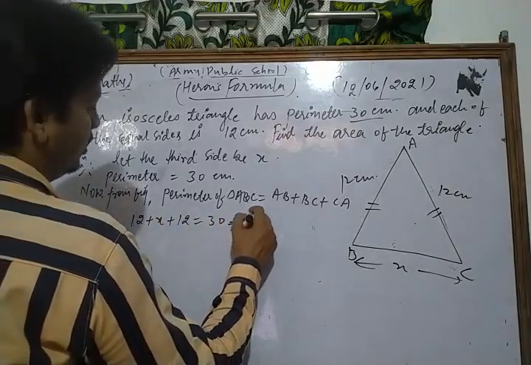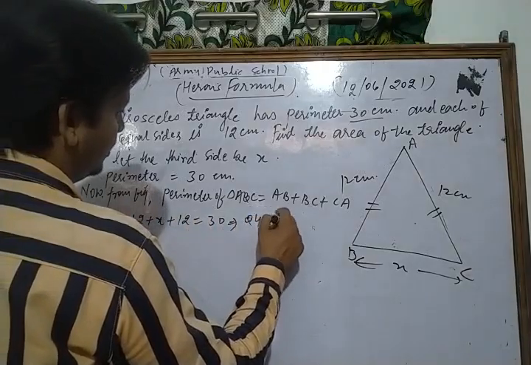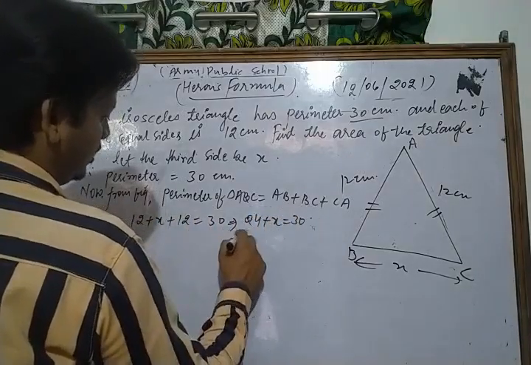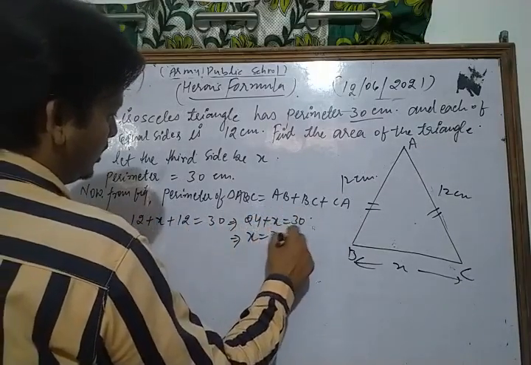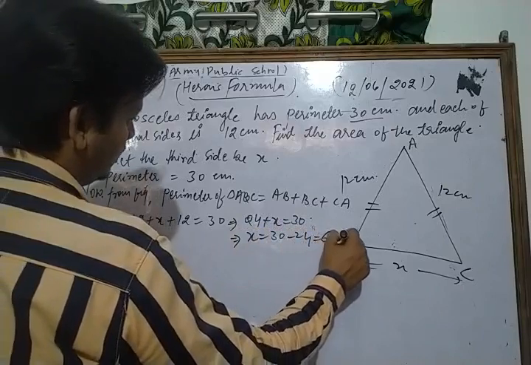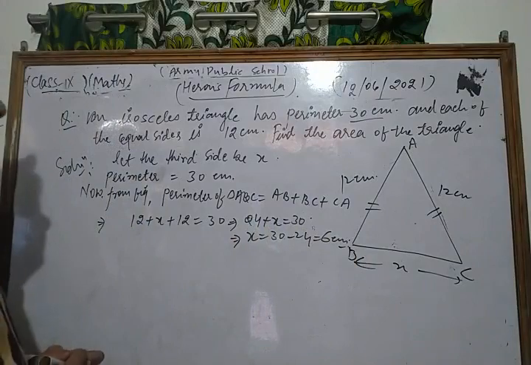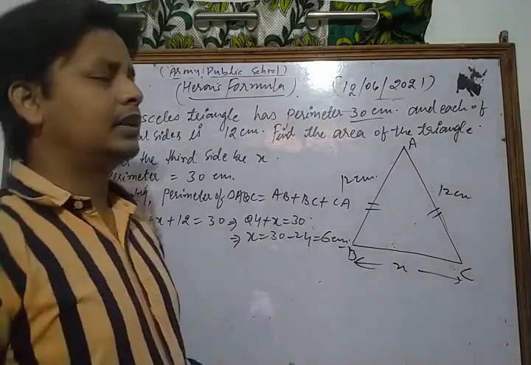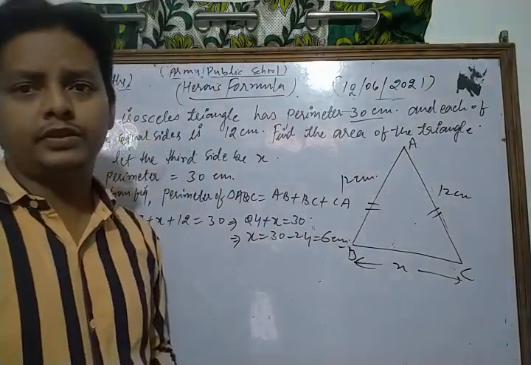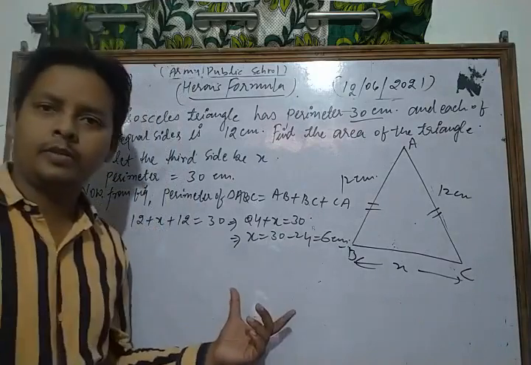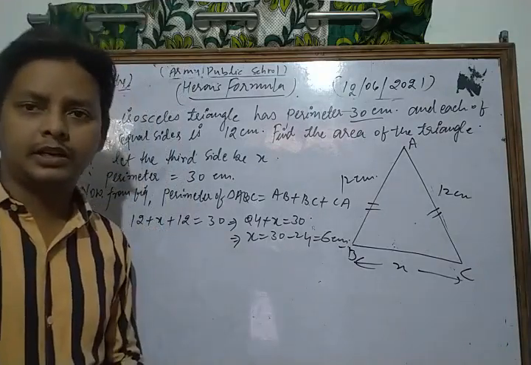So we have 24 plus x is equal to 30. So x is equal to 30 minus 24, that is 6 centimeter. Thus, dear students, in this way we find the third side of that isosceles triangle.